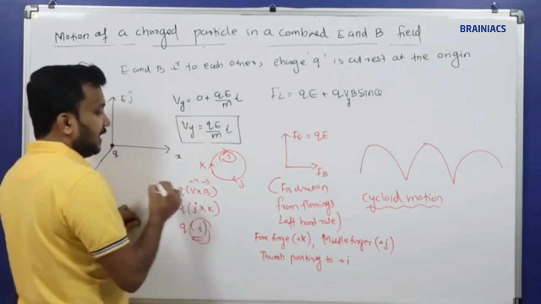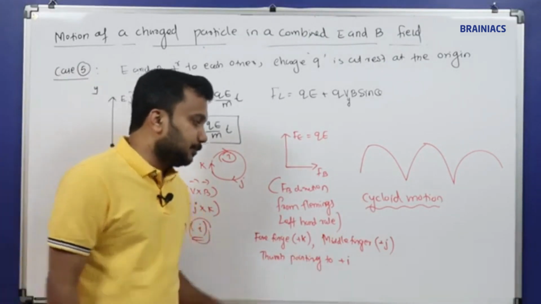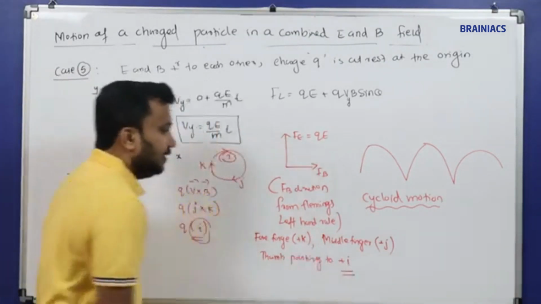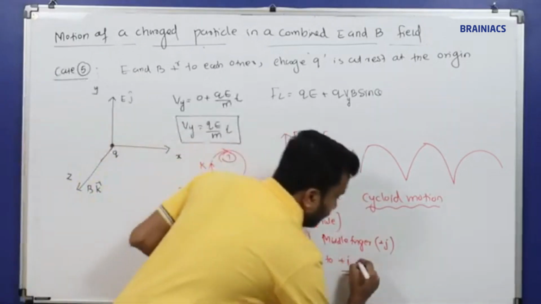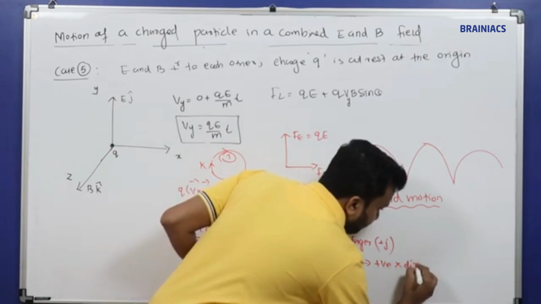I am pointing only the direction. So J cross K is I. That's what we got. The thumb is pointing to the positive I direction, which means positive X direction, right?